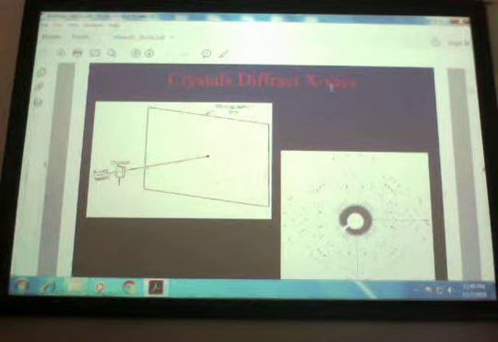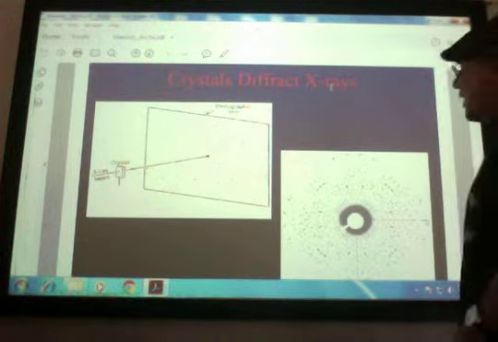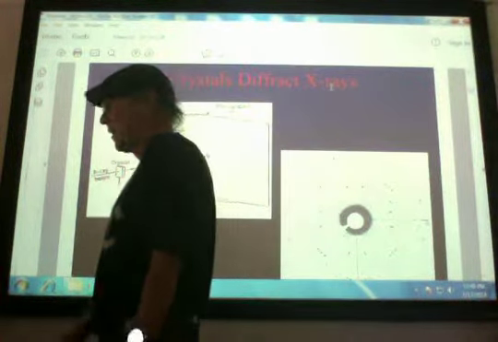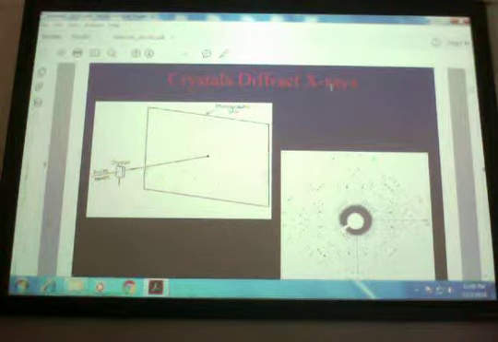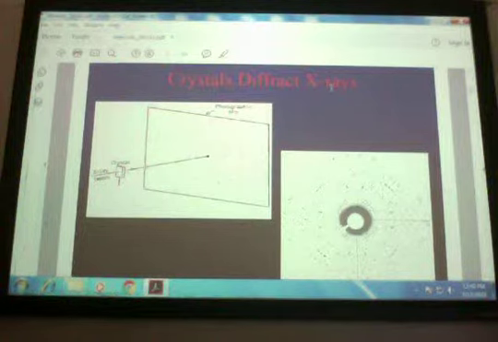But now maybe you are just walking around and you find some minerals and you would like to know what it is. Then you can, for example, just take an X-ray. The X-ray will show you where the atoms are located.